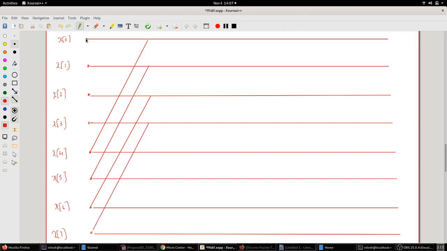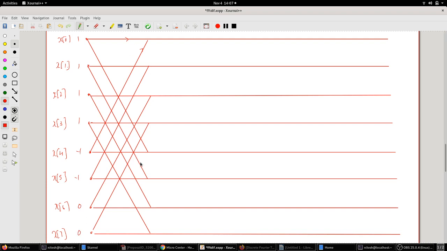Okay, so we know that the FFT structure for an 8 point will have these values 1, 1, 1, 1, minus 1, minus 1, 0, 0.